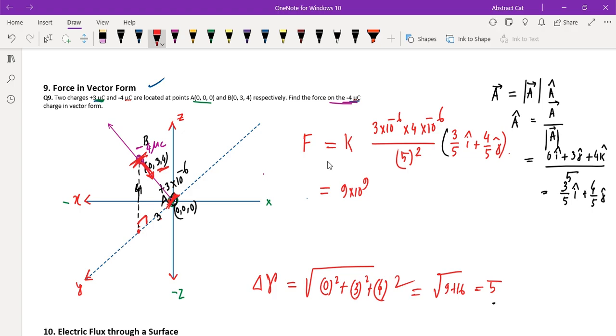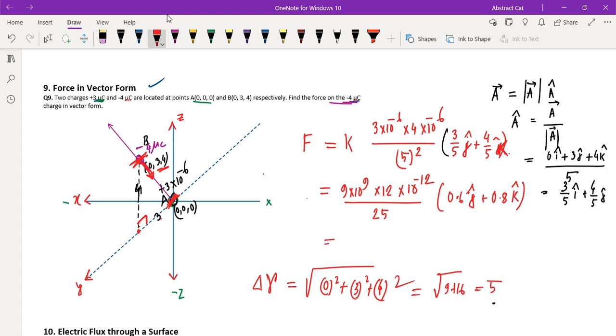So 3 times 4 is 12, 10 to the power minus 12, and 5 square is 25. So 3 upon 5 means 0.6, that is j cap, not i cap, sorry, j cap, plus 4 upon 5, that is 0.8, k cap.